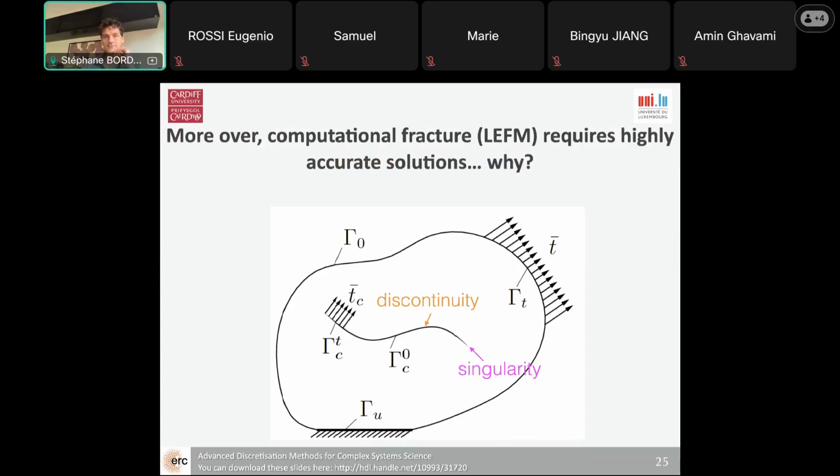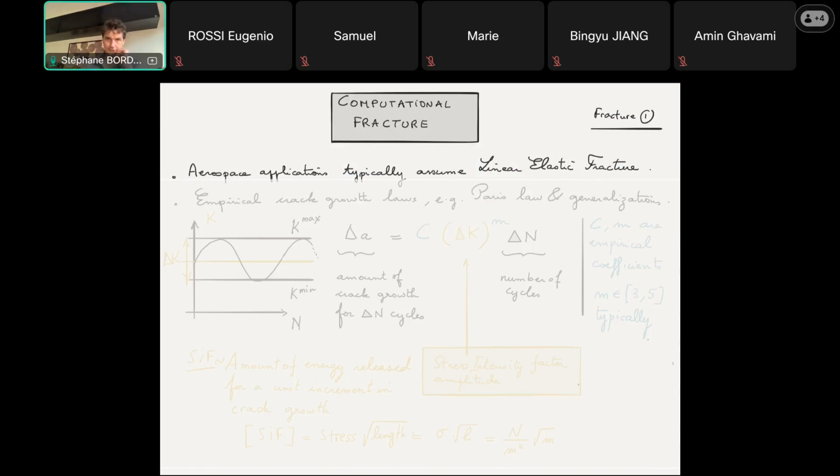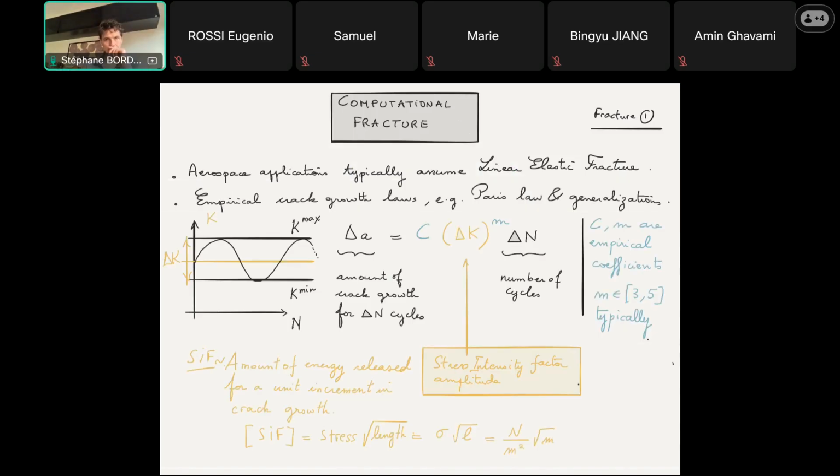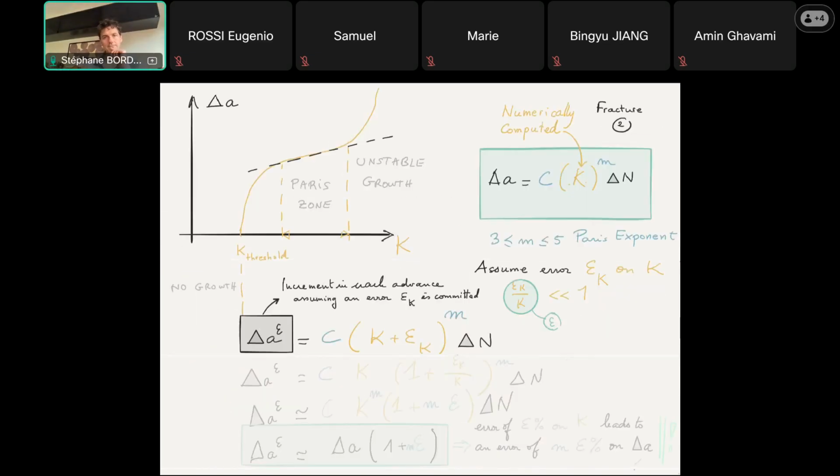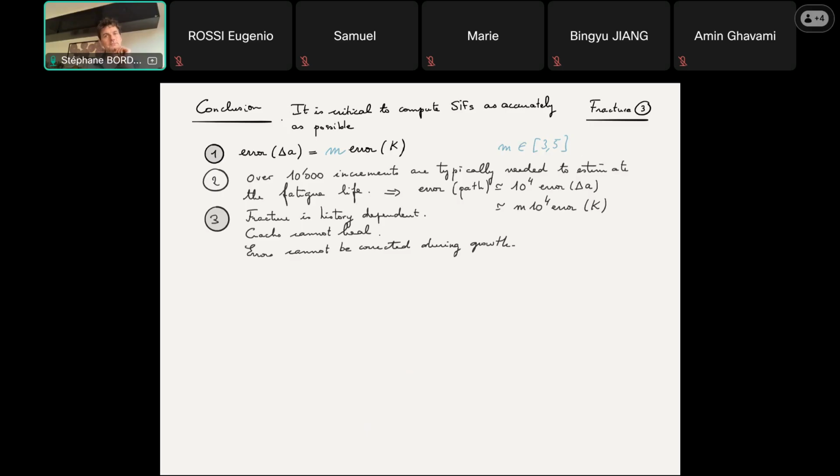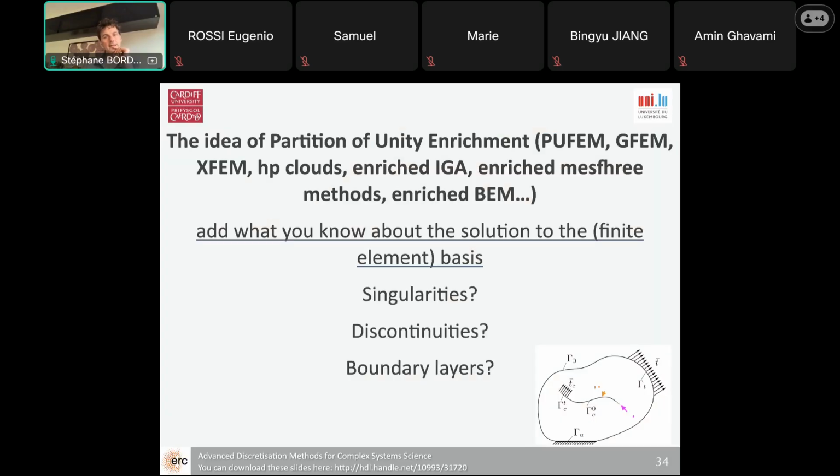Well, you can do very nice tricks. And I'm going to actually not talk about this because this is too fracture related. I want to be generic.